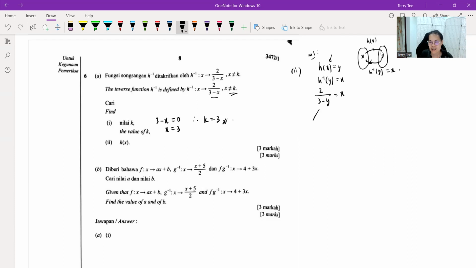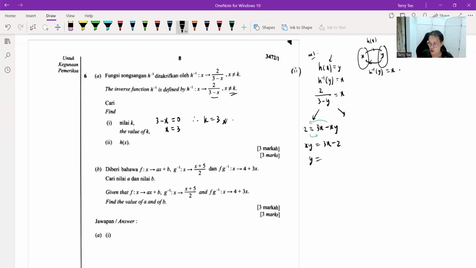Now, again, here you have two different methods. Some people multiply up one by one, as in they write 2 equals 3x minus xy. Since I'm finding y, we make y the subject. I'm going to bring this over, so I get xy equals 3x minus 2. Since I'm finding y, I divide.